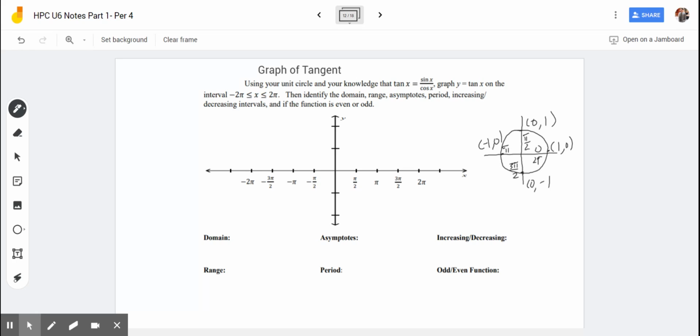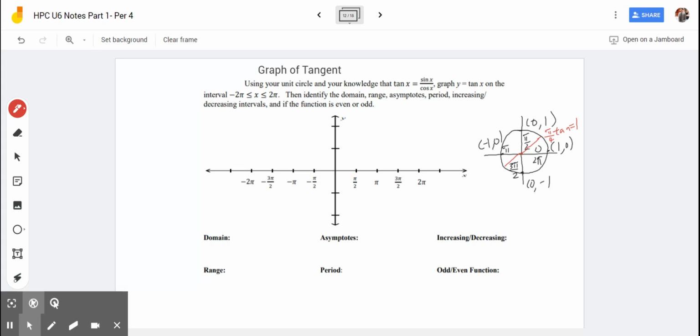Okay, now another value that we know about tangent, because it's sine over cosine, is at pi over 4 radians, right? We know that tan is equal to 1. All right, and if we were to extend the line by symmetry going into the third quadrant, it would be 1 as well.